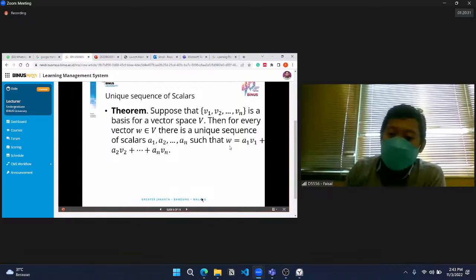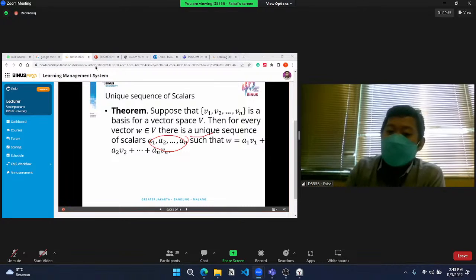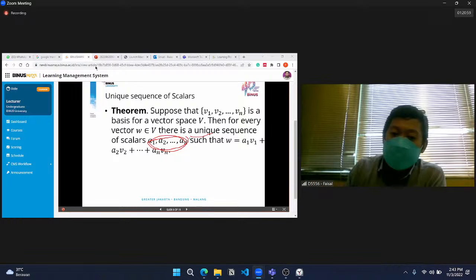We can write this vector W equals A1 P1 plus A2 P2 and so on plus An Pn, and the scalars are unique. It means the solution gives only one answer. So we only get one scalar for A1, one scalar for A2, and one scalar for An.